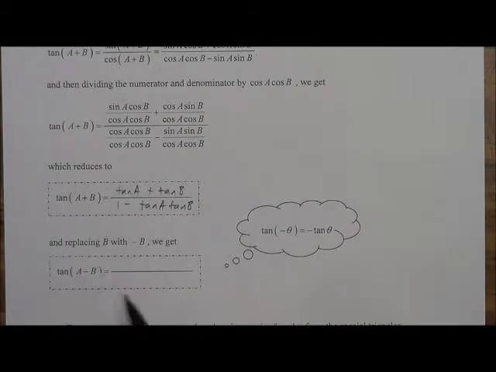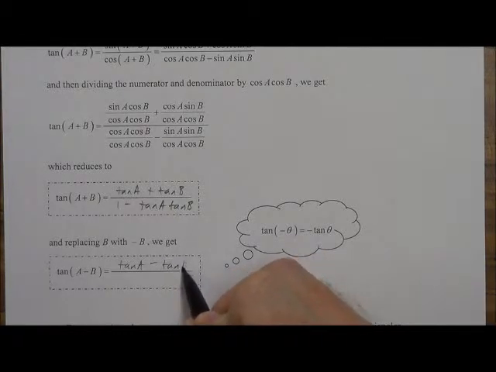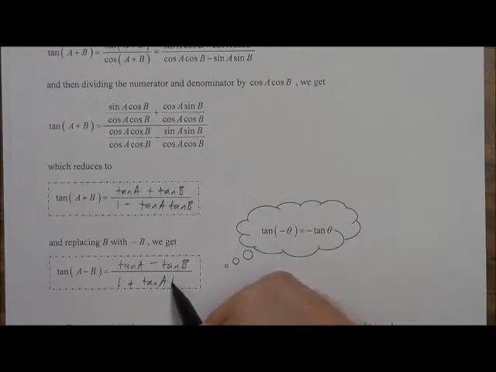So tan of A minus B would be tan A minus tan B over 1 plus tan A times tan B.